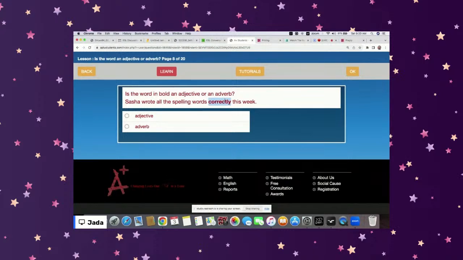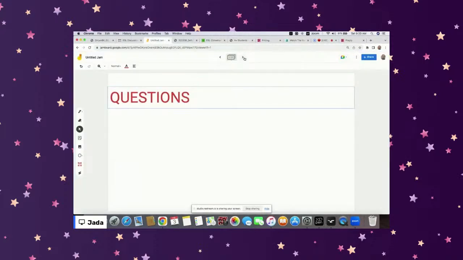Okay, let me give you some examples of adjective words that end with the suffix ly. For example, elderly is an adjective that ends with ly. Friendly is an adjective that ends with ly. You have lonely also. It ends with ly, and is an adjective. Coily, we can say coily too. It's an adjective but it ends with ly.